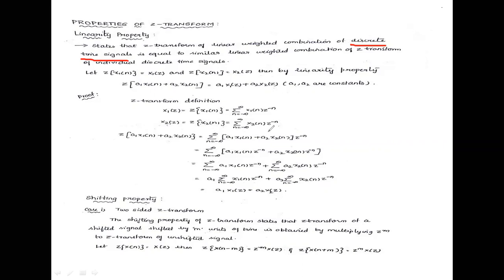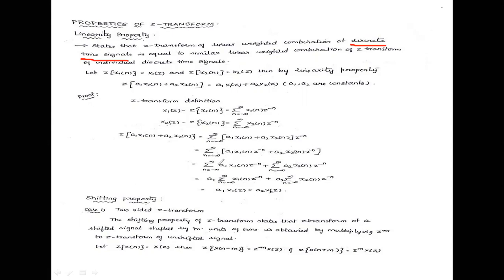Substitute into the Z transformation definition: the sum of n equals minus infinity to infinity of a1 x1 of n plus a2 x2 of n, times Z power minus n. Multiply Z power minus n with the two terms: a1 x1 of n Z power minus n and a2 x2 of n Z power minus n.